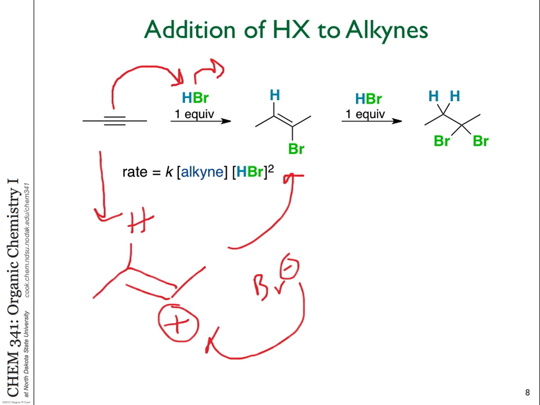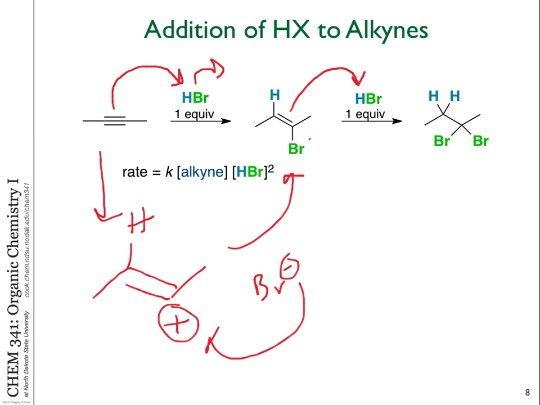adding a second HBr, same thing. Double bond will protonate, and this is important because it does go by Markovnikov selectivity. Even though this is not a carbon, the bromine can stabilize the carbocation as well, because remember, what is the structure of bromine?